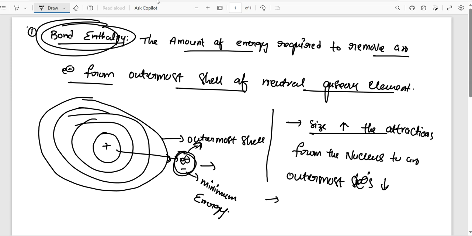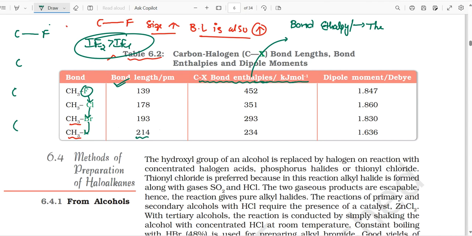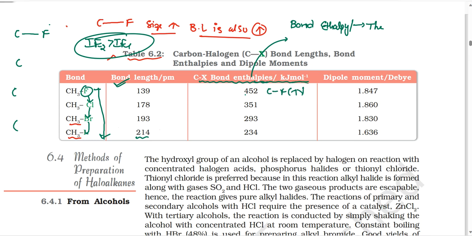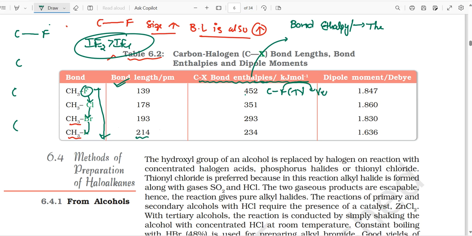Okay, now let us come back to the NCERT concept. Here we observe fluorine, chlorine, bromine, iodine. The size increases from top to bottom. As size increases, less energy is required to remove an electron. So why does C–F have the highest energy? Because the size of fluorine is very small.